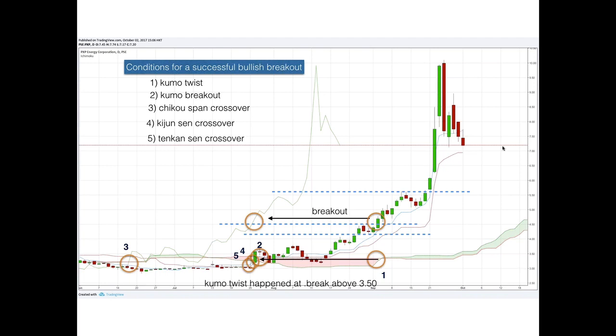And look at this area here. It is now trying to restore equilibrium because it made a C pattern right here. It did not close the gap here; it went straight down. It made a C pattern right here. So it is trying to restore equilibrium by going back to the Kijun-sen line.